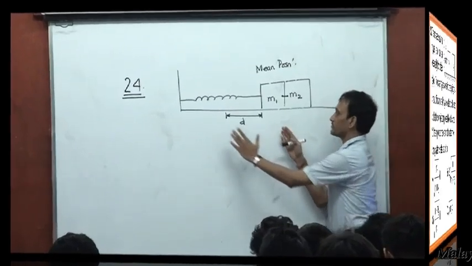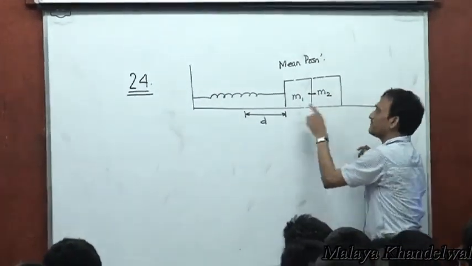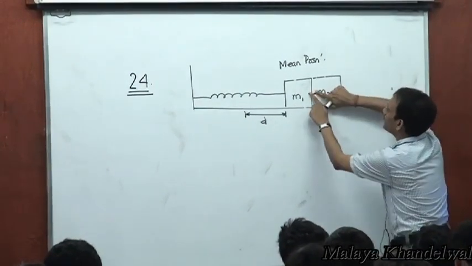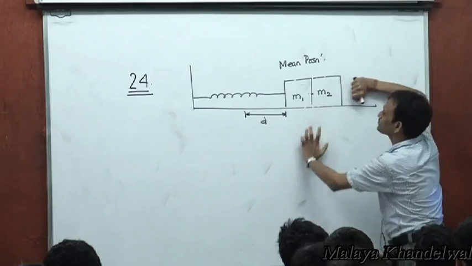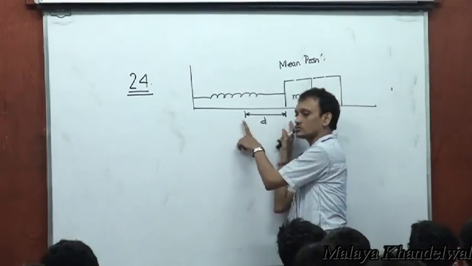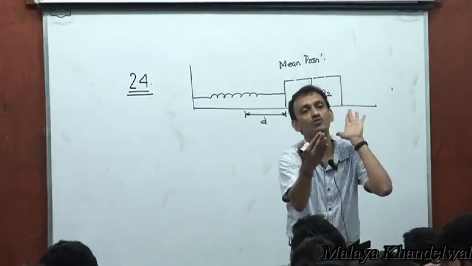Alright, so there was a spring in its natural state with a mass m1 attached at one end, right? And then m2 was pushed against m1 by an amount d, so that the spring got deformed by an amount d.